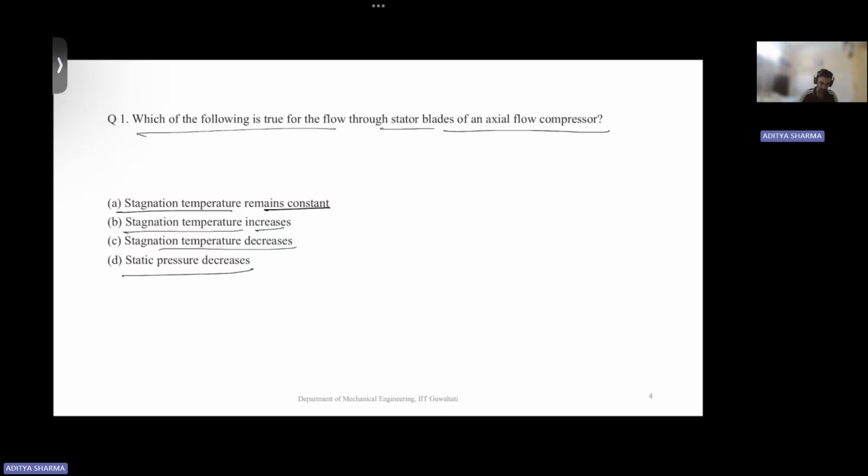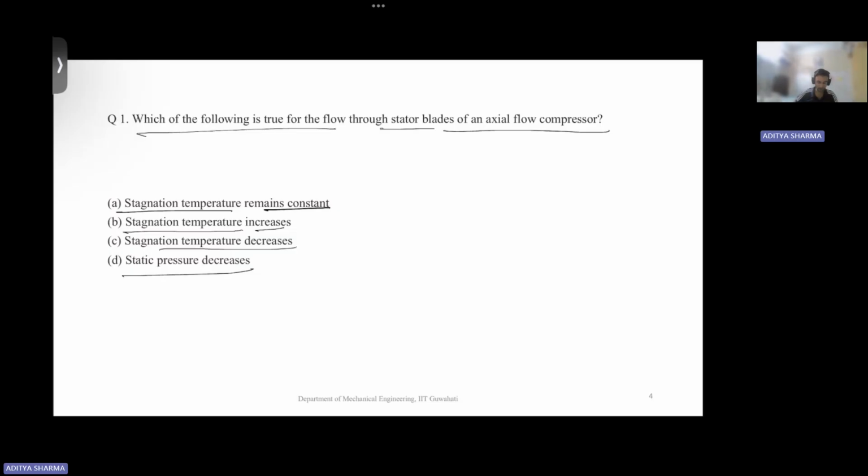Your static pressure decreases. So your static pressure increases, right? The whole purpose of having different components in a compressor is to increase the pressure of the air or fluid. So D cannot be true.